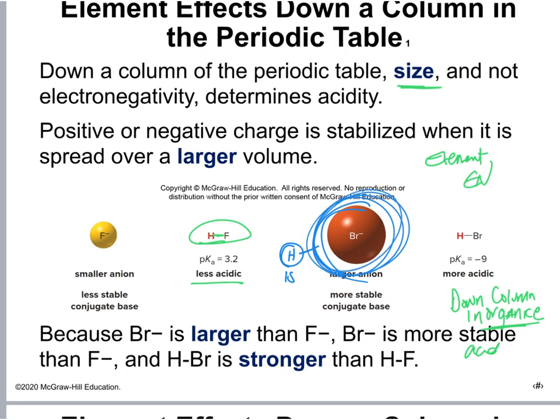And this is huge. So guess what? When bromine becomes its conjugate base, it can absorb that extra electron pair into its big polarizable cloud. And so it's more acidic, at a pKa of -9. So you're looking at 9, 10, 11, 12 zeros more acidic.